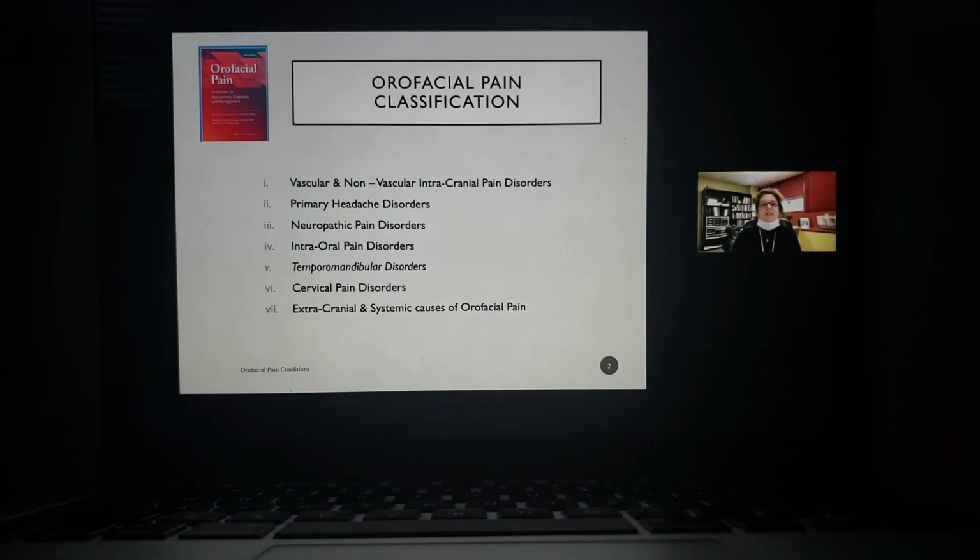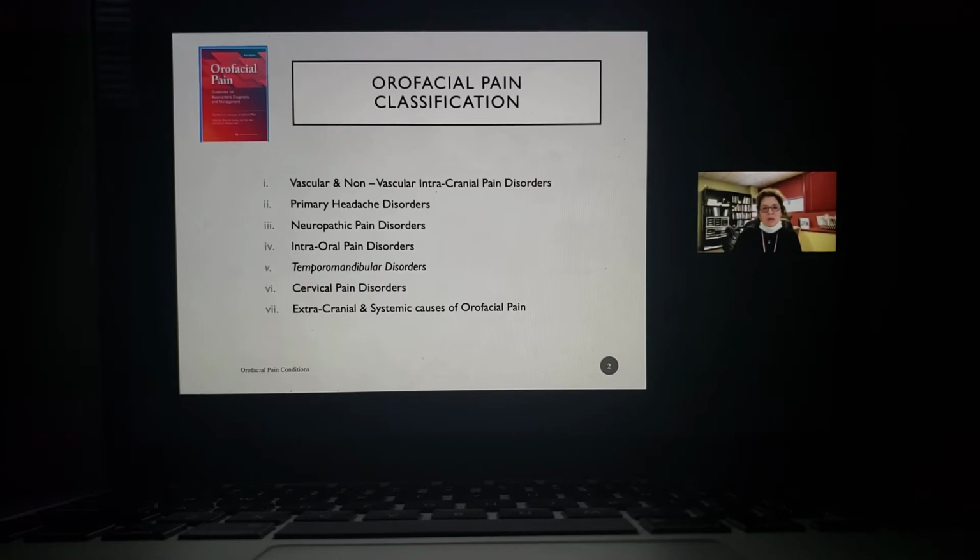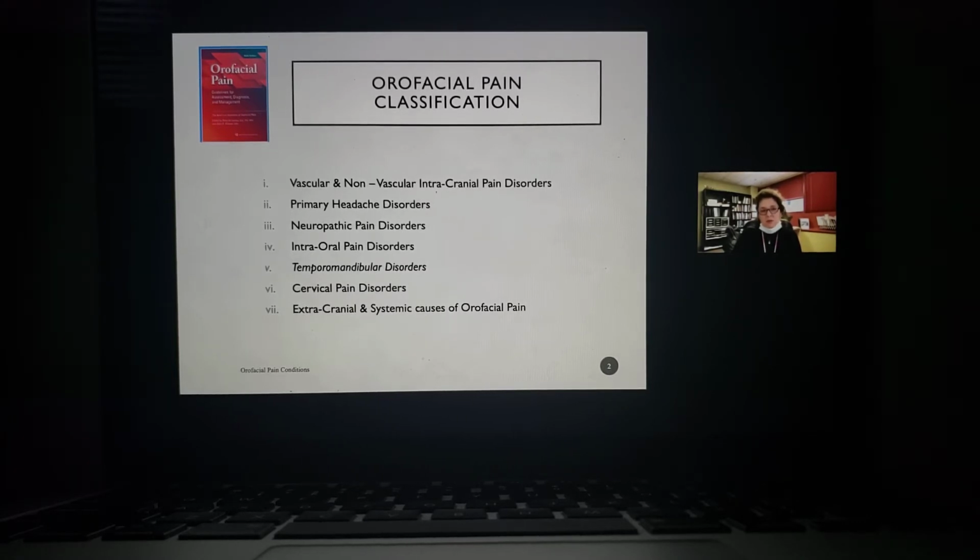Okay. So within all these chapters that I mentioned to you, I am summarizing here the classification that is presented in the textbook by the American Academy of Orofacial Pain. We talk about vascular and non-vascular intracranial pain disorders, primary headache, neuropathic intraoral pain, temporomandibular disorders, which we cover extensively, cervical pain disorders, extracranial, and systemic causes of orofacial pain.